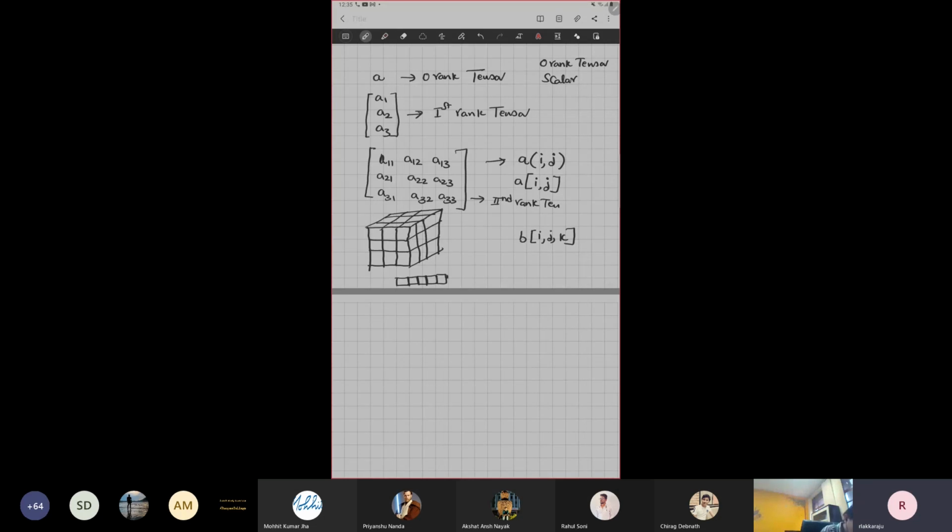It doesn't matter as long as I know what I am trying to do. Just from a visual point of view, the easy compact form is this. The computational programming form is this. This is a third rank tensor.